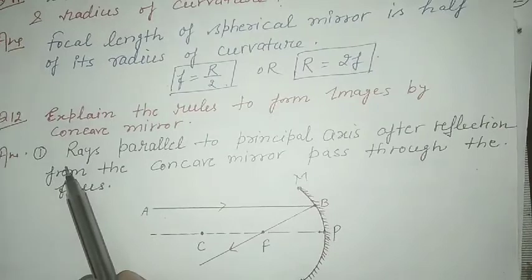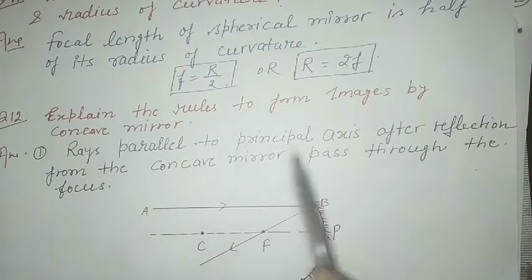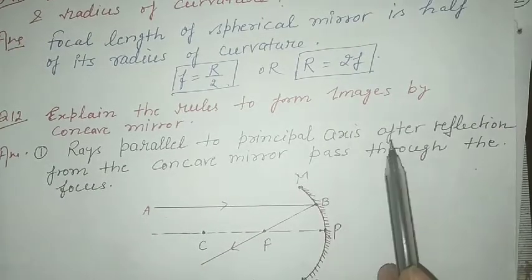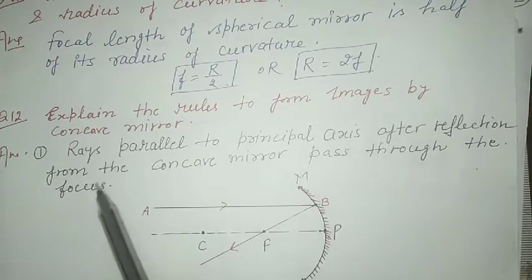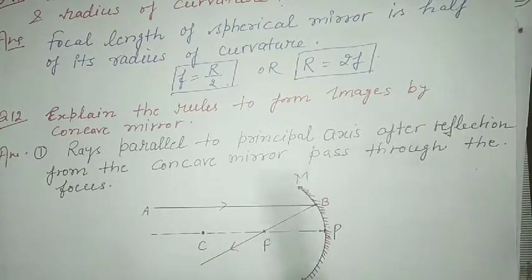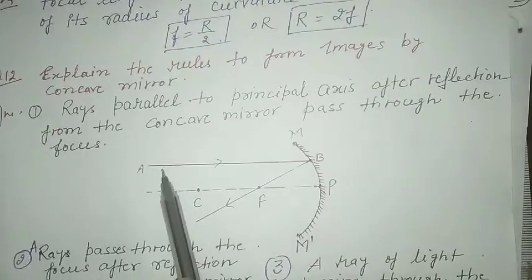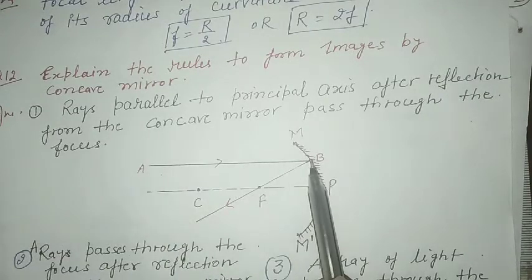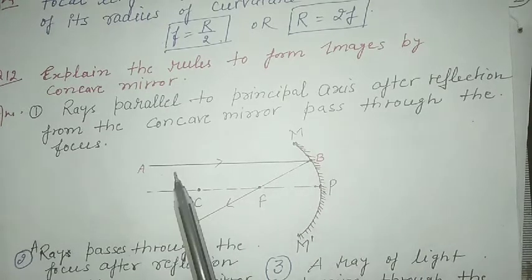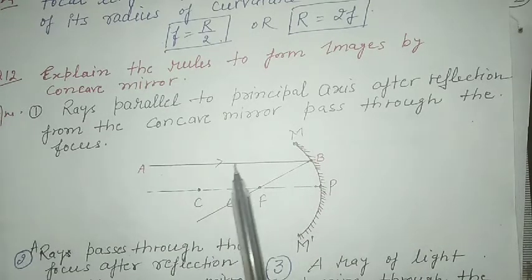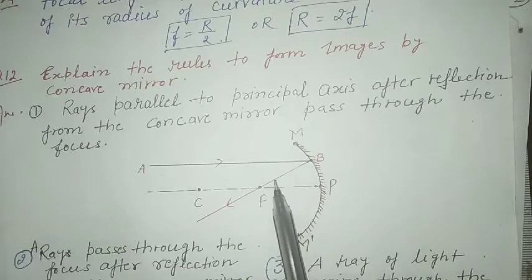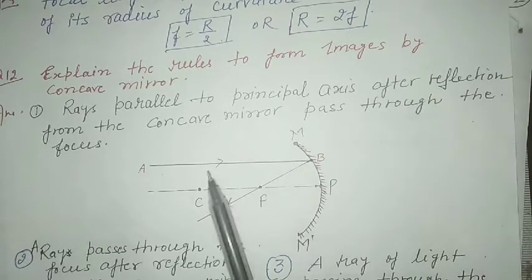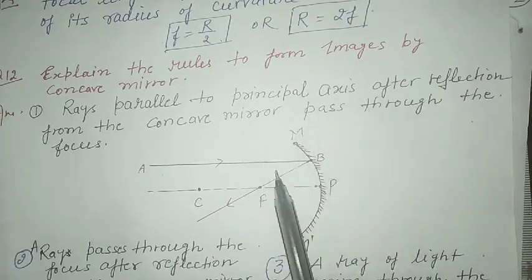The first point: rays parallel to the principal axis, after reflection from the concave mirror, pass through the focus. These are the rays coming parallel to the principal axis from an object placed at infinity, very far away, like the sun or a star. So we assume the rays coming from them are parallel to the principal axis.